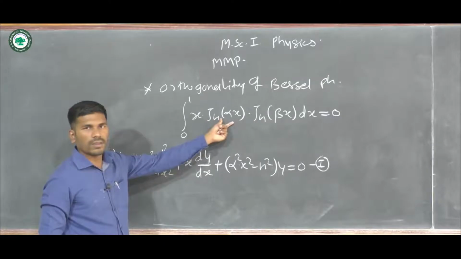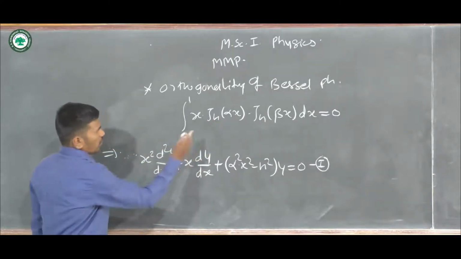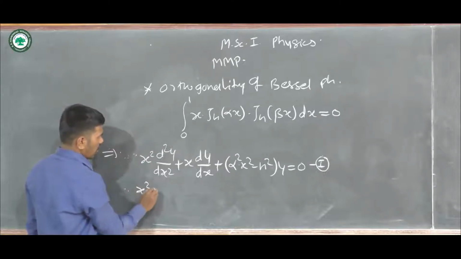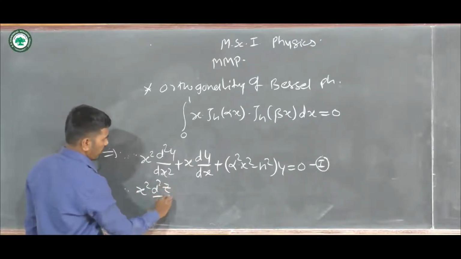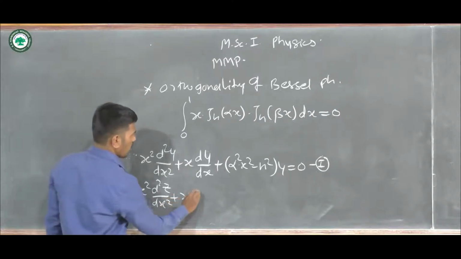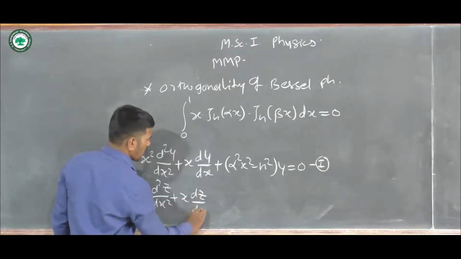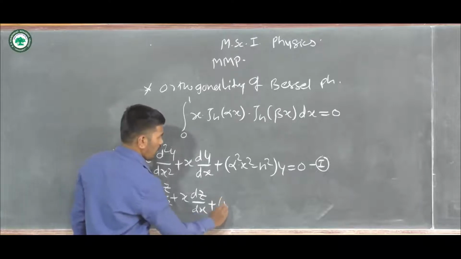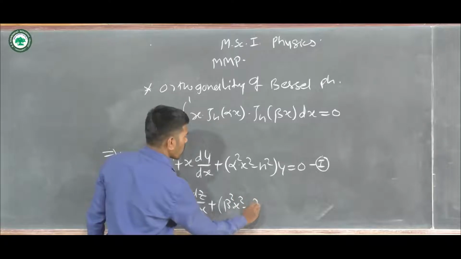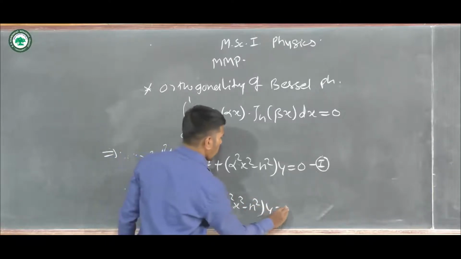This series is J_n(alpha x). And for J_n(beta x), the equation is x square d square z by dx square plus x dz by dx plus (beta square x square minus n square) z is equal to 0.